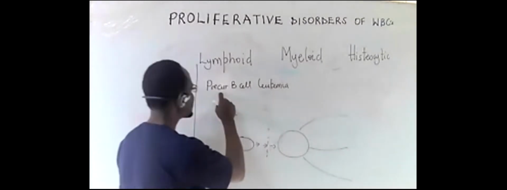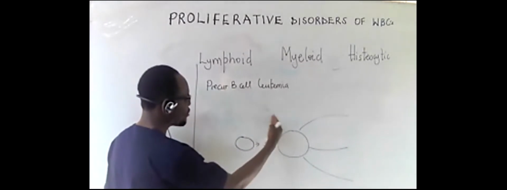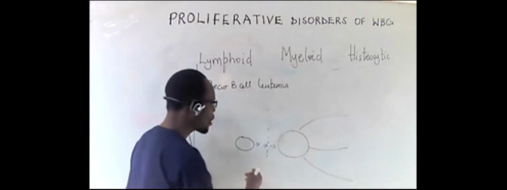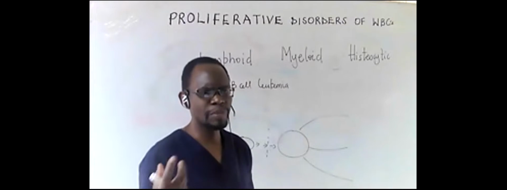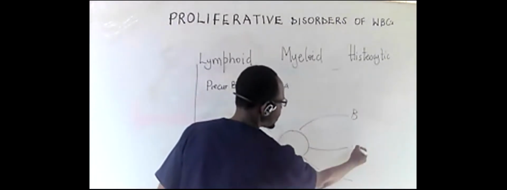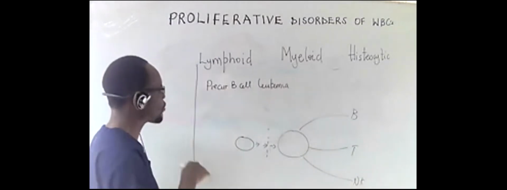That is basically what it means as precursor B cell. The differentiation is arrested at this point. But when that cell is looked at critically by specialists, it has properties of a B cell. So that is what we refer to as precursor B cell.